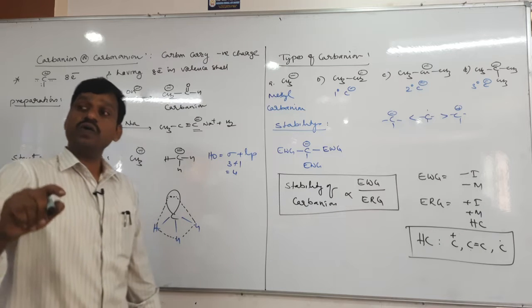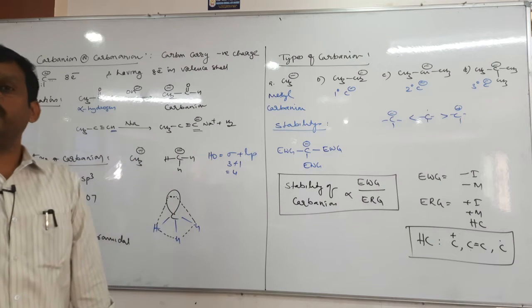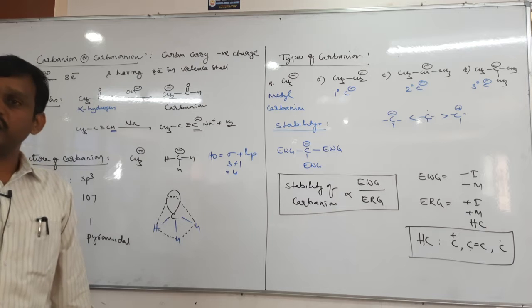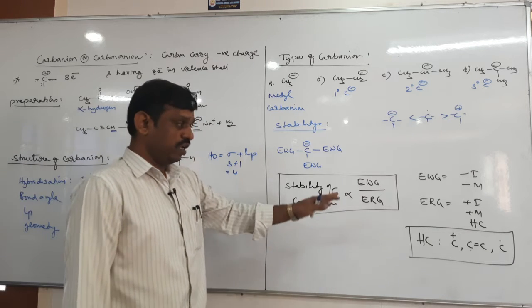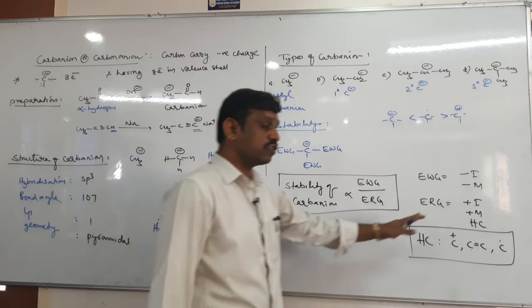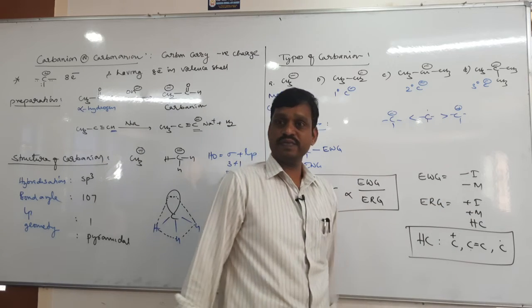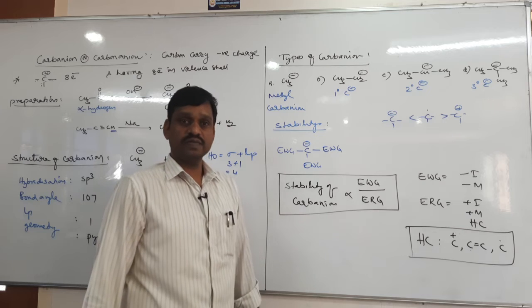And that too, they must have at least one alpha hydrogen. If they have at least one alpha hydrogen, they can exhibit hyperconjugation, and then it also releases electrons as an electron releasing effect.